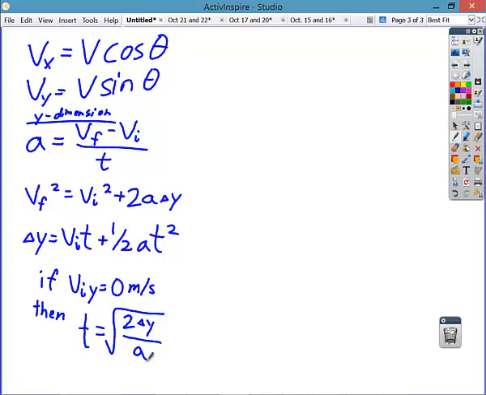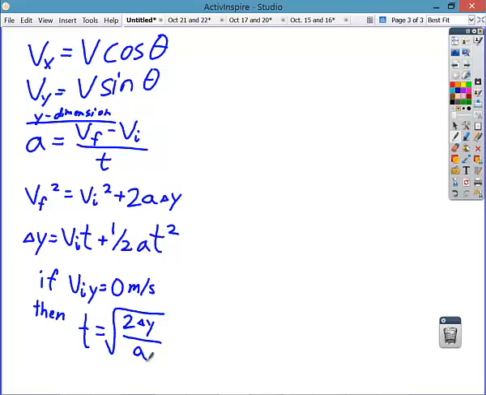Those are your equations. These are all for y, right where it says y dimension. See how it's all under that?